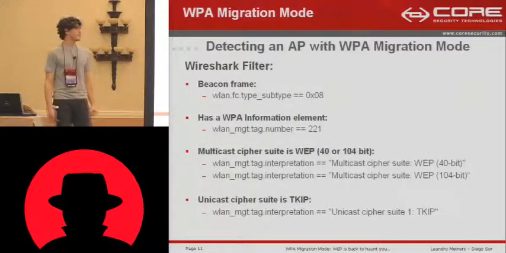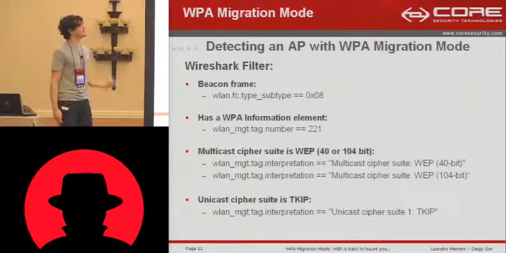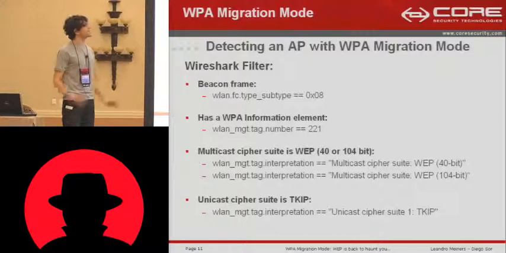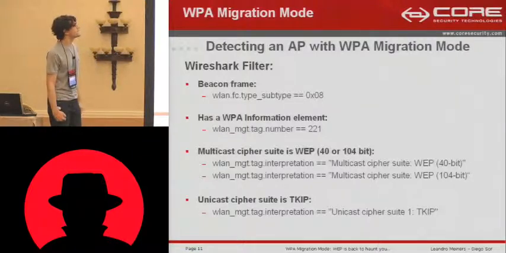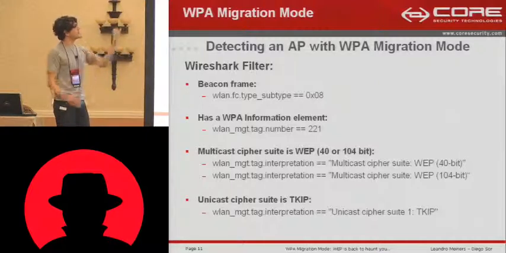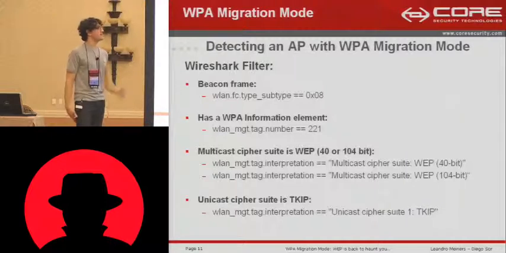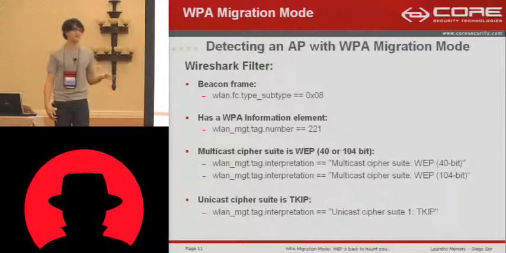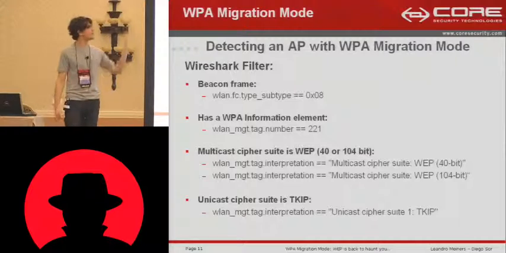So how do we detect this AP working in WPA migration mode? Basically, we look for the beacon frames. First, filter the beacon frames using the frame control type subtype field. Then the WPA element must be present within the beacon.